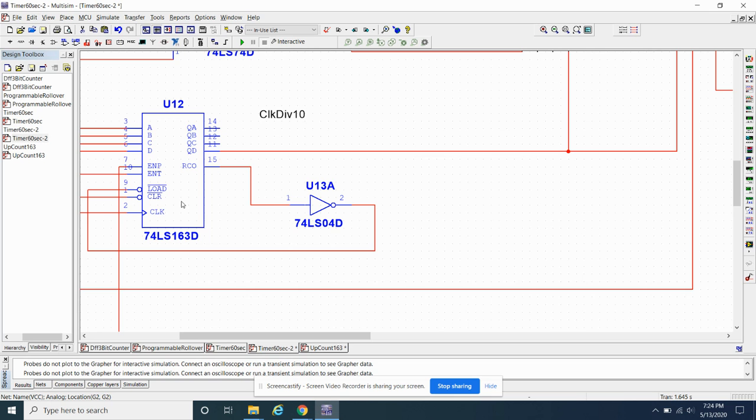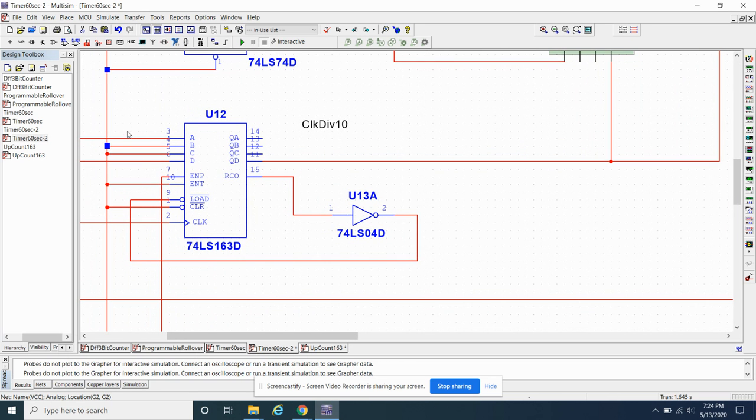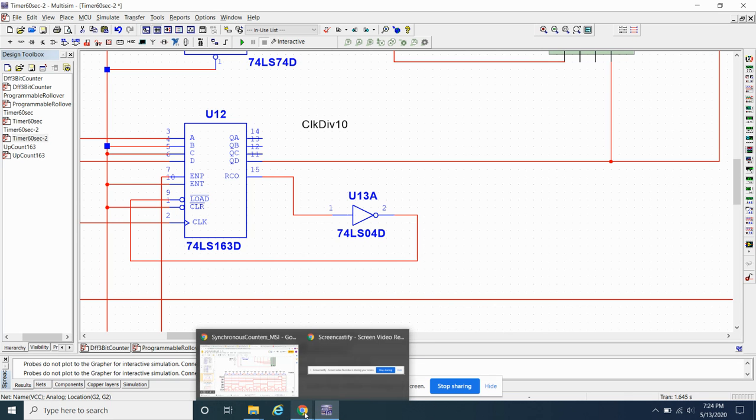So if I said I want it to be a divide by 9, what would you do? Well, instead of making this a 6 on the load, you could still load it on terminal count, but instead of being 6, we make it a 7, right? And that would shorten it by one clock.